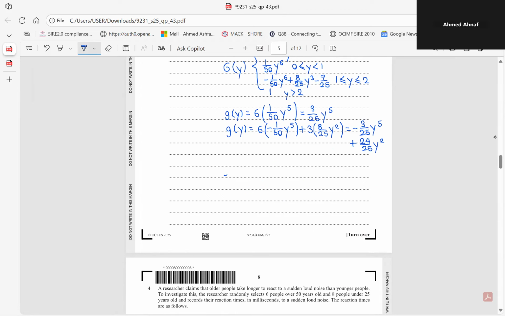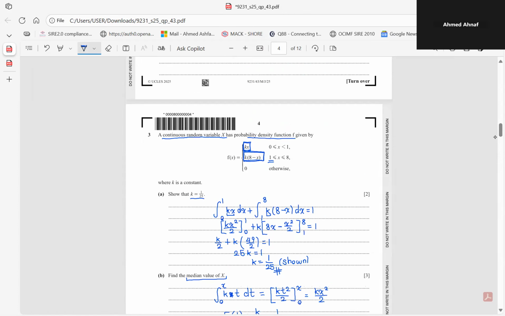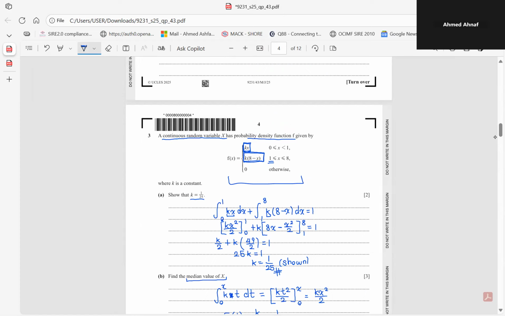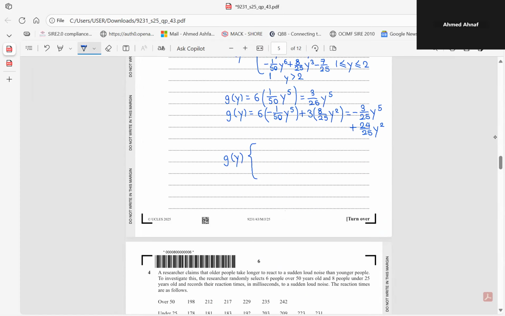So for the final answer, we have to present it properly. We cannot just leave it like this. So we can write it in this format, just like in the question. Write down the PDF as well as the domain that it's valid for.